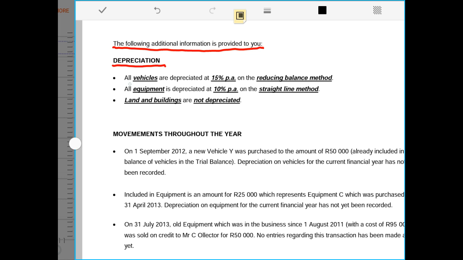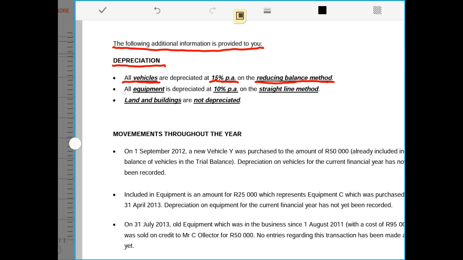The first asset is vehicles, where it says all vehicles are depreciated at 15% per annum on the reducing balance method, or the so-called diminishing balance method. So all the vehicles are depreciated using a diminishing or reducing balance method.